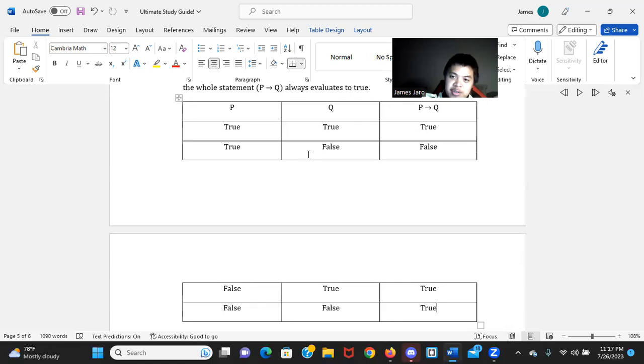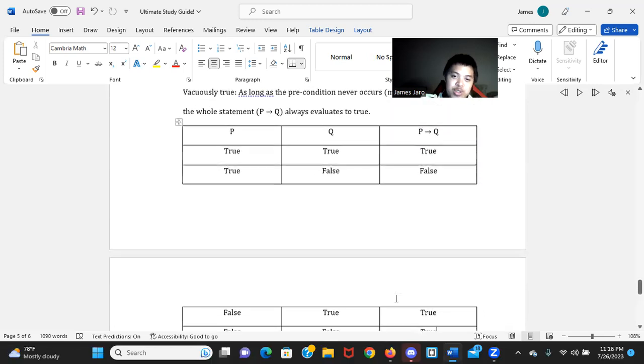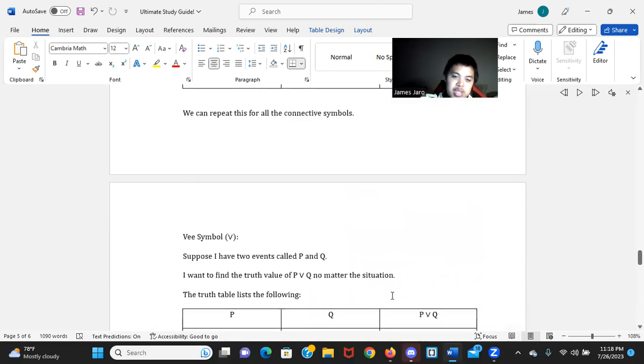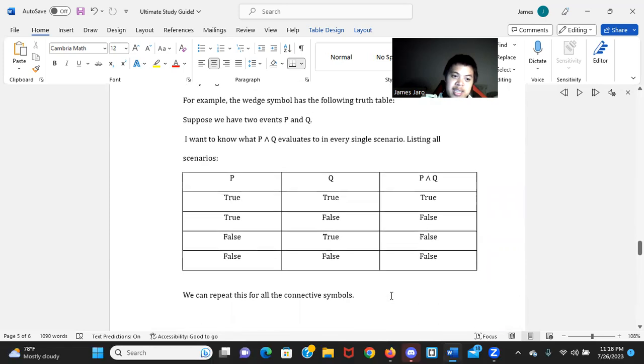For the next video, I will show the other truth tables. Again, I apologize for keeping these videos short, but I want them to be small little tidbits so that it's a little bit more digestible. Plus, I feel the exhaustion already kicking in after a long day. So I just want to have this out there. Next time, I promise we'll talk more about truth tables and what they contain.